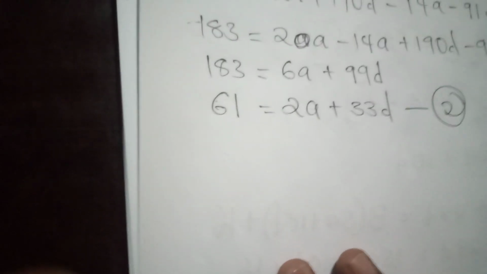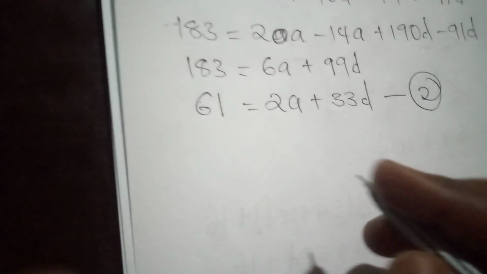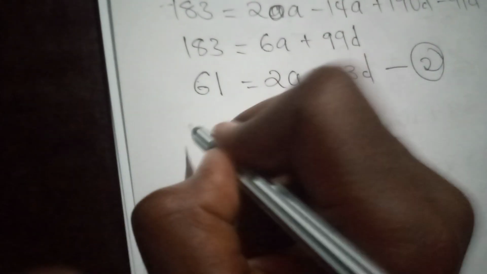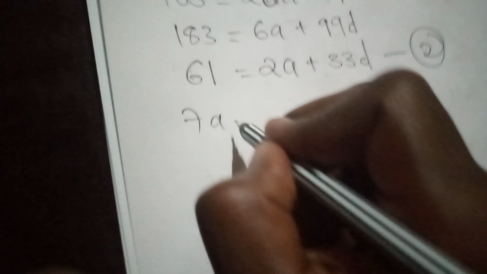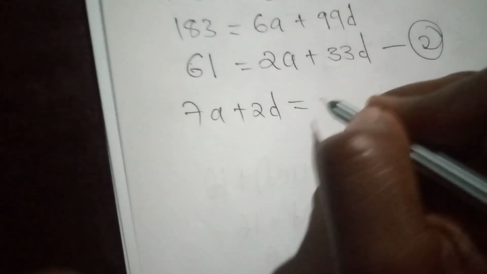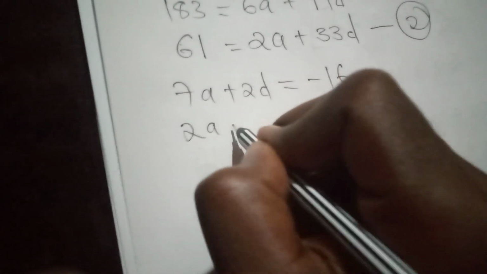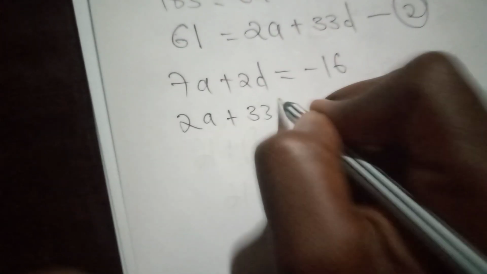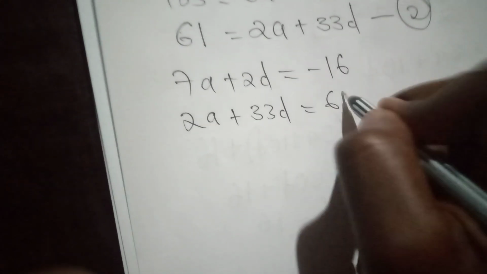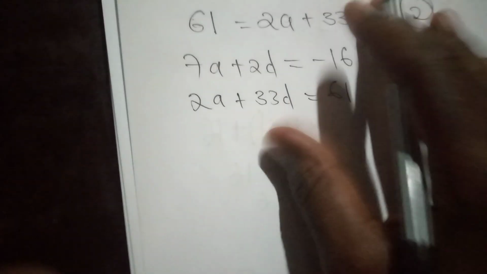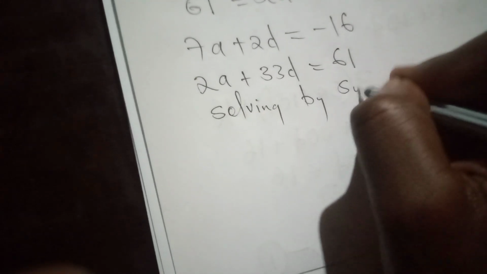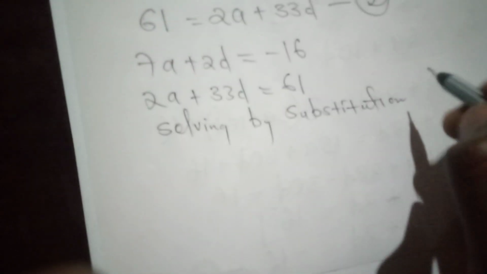You have 7a plus 2d equal to negative 16 with 2a plus 33d equal to 61. The method that I'm going to use is the substitution method.